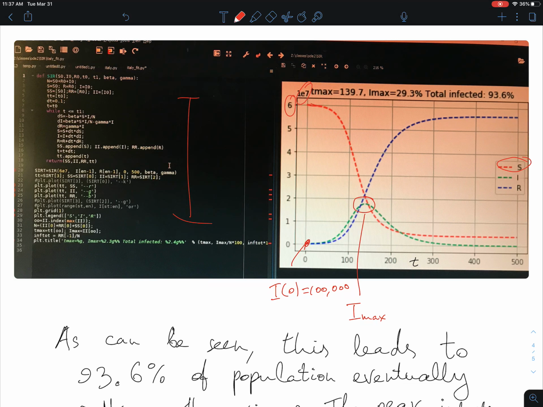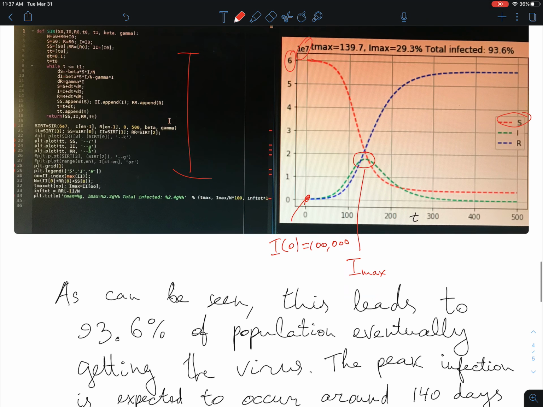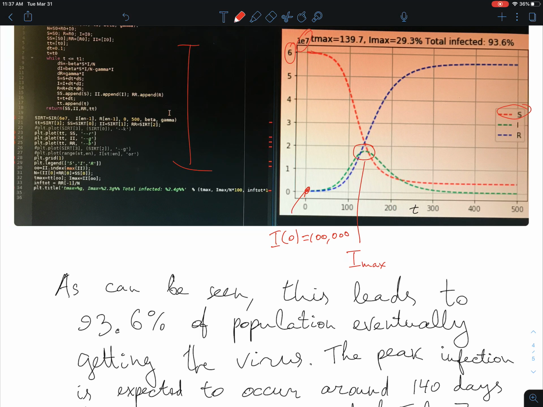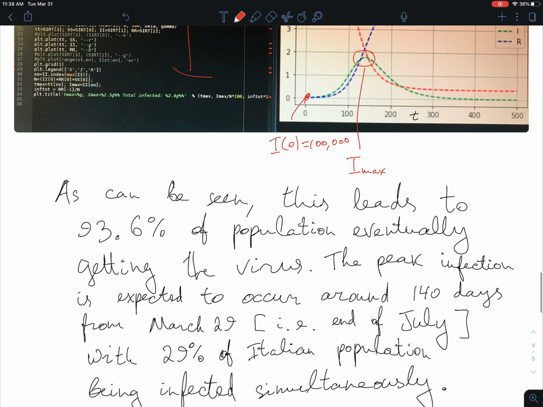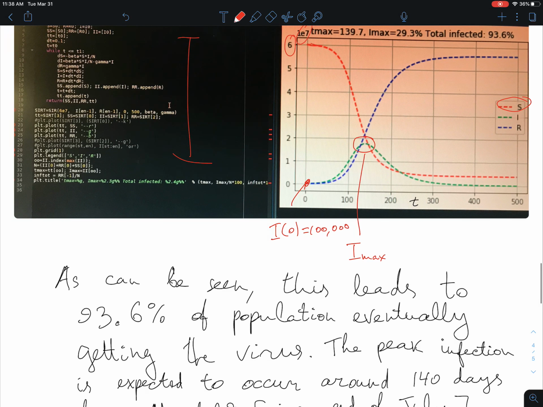This is what happens. The red curve is the number of susceptible, and the number of infected is the green curve. It grows exponentially at the beginning, and at around 140 days from March, roughly the end of July, the infection peaks.